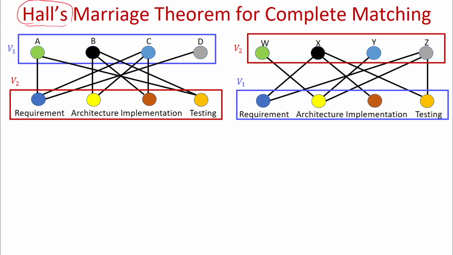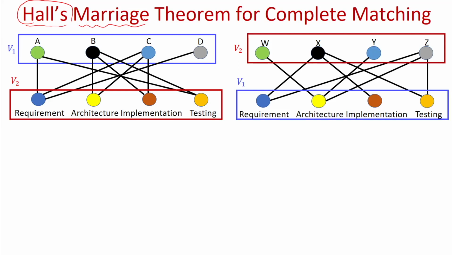If you are wondering why the term marriage is coming here, it is because the condition is given in the context of a bipartite graph where the vertex sets V1 and V2 correspond to the set of boys and the set of girls, and the edges in the graph represent the preferences that the boys have for the girls.